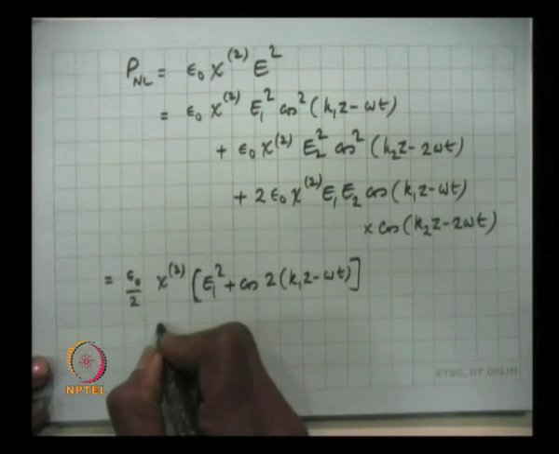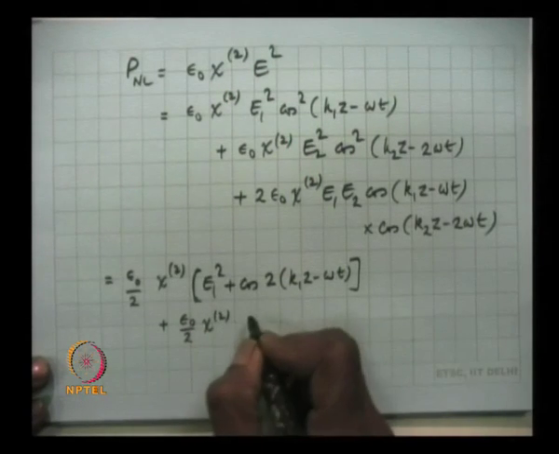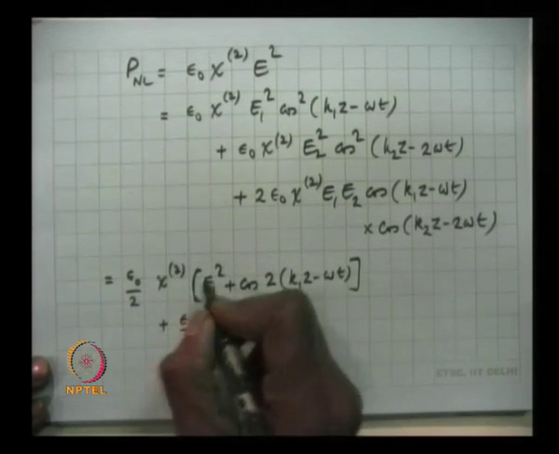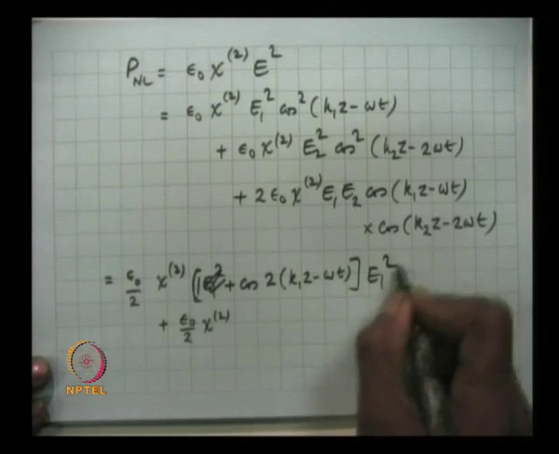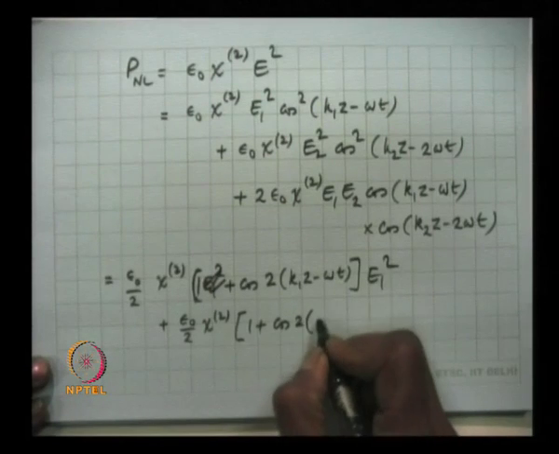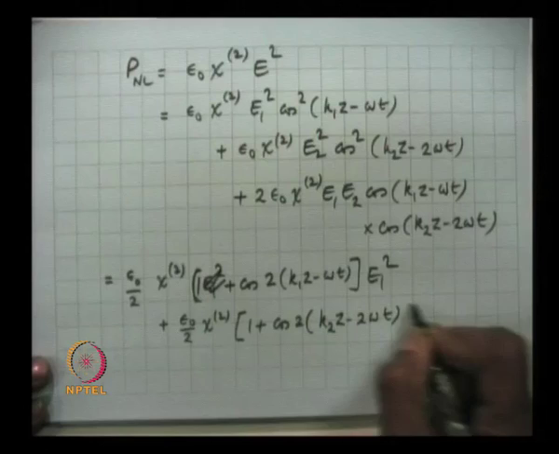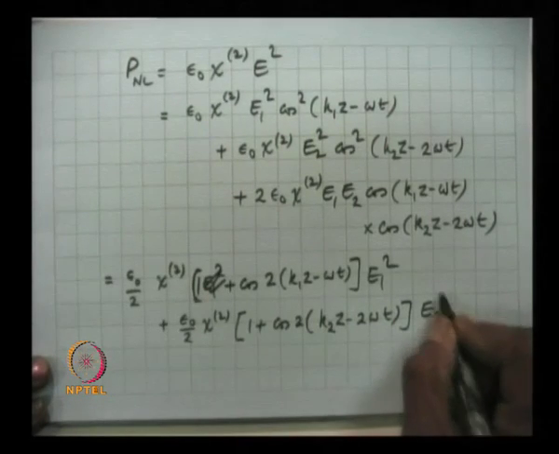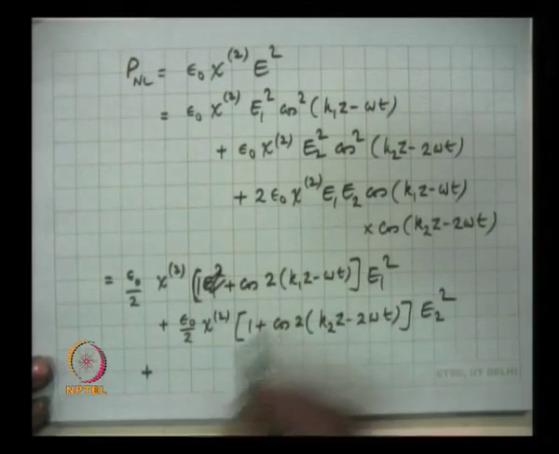Then I will get epsilon 0 by 2 chi 2, sorry, this is 1 plus cos twice k 2 z minus 2 omega t into E 2 square, plus, so this is 2 cos a cos b.